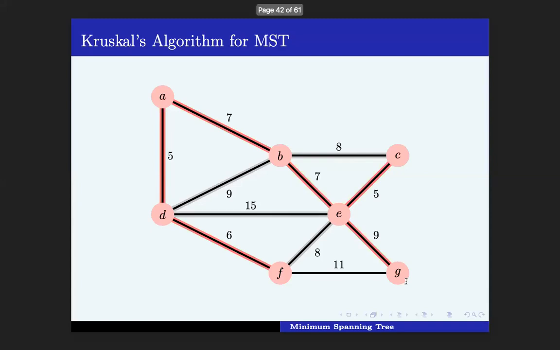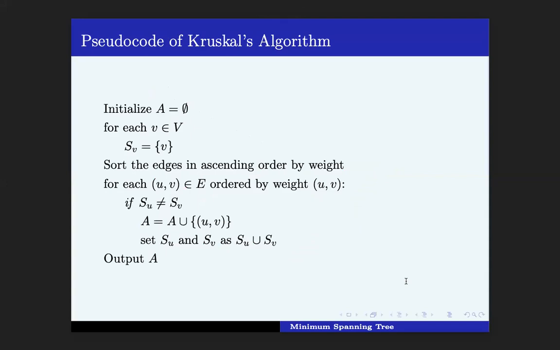Okay, and this is what is done in this pseudocode. You first sort the edges in ascending order. Now for every edge in ascending order, initially the representative of every vertex is itself.